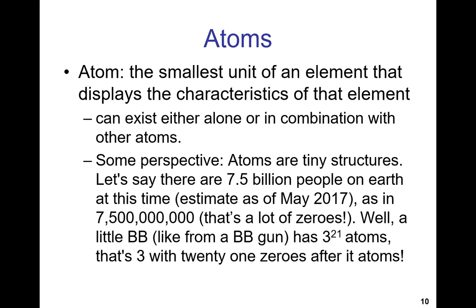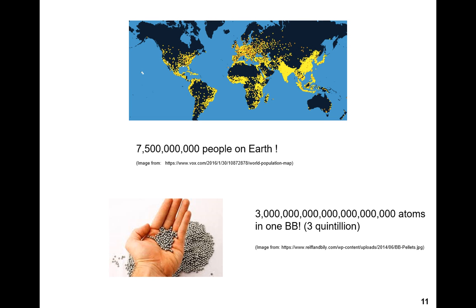If we're looking at atoms as these tiny building blocks of matter and of elements, they're really tiny. If there are 7.5 billion people on Earth, an estimate as of May 2017, and we can see how many zeros that includes, compare that to a little BB from a BB gun, which has 3 quintillion atoms in it.